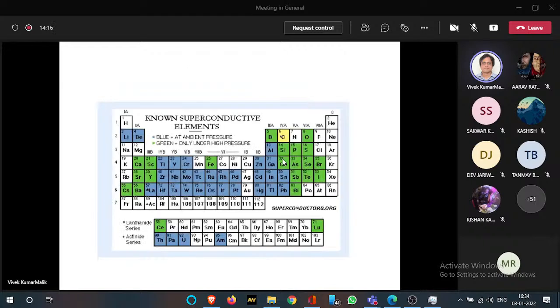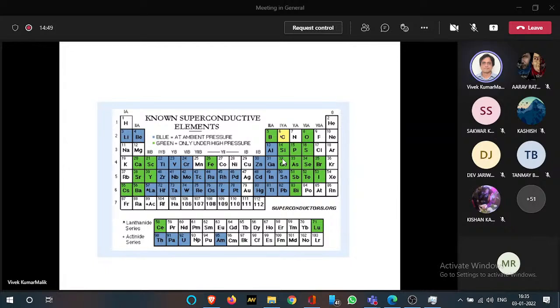So this is the chart. I think you can still get this chart online. These blue ones are at ambient pressure, and green ones become superconducting only under higher pressure, and the rest remain non-superconducting. You can see that materials with higher conductivity like silver and gold do not become superconducting even at higher pressure.